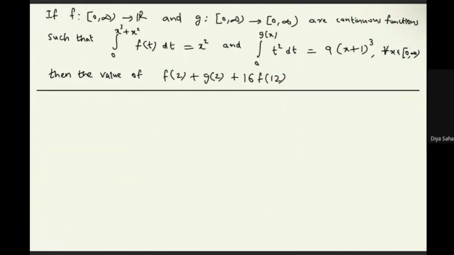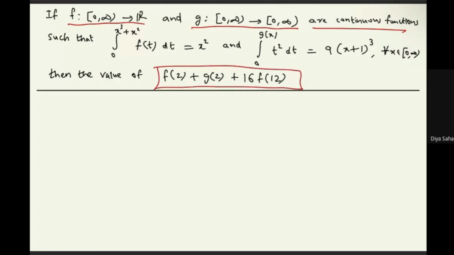So here also f is some function, g is some function. The only thing is that g takes values only in the positive line. g is a positive valued function, continuous, and some conditions are given. What we need is the value of this.